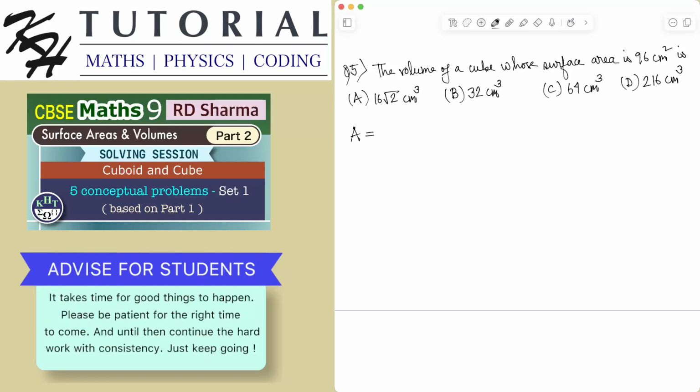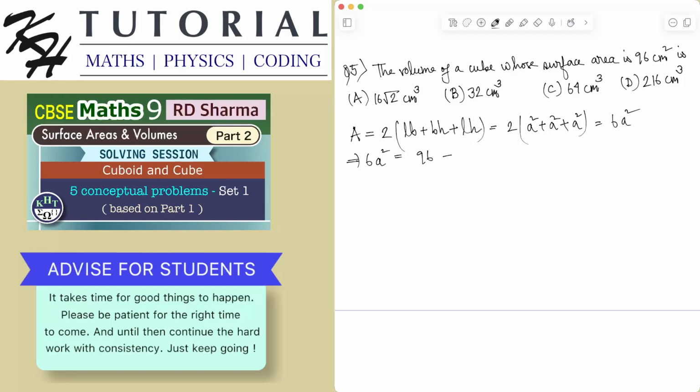Total surface area of a cuboid is 2 into LB plus BH plus LH. Now LBH for a cube are all equal, and we are considering them to be equal to A. So this will be 2 into A square plus A square plus A square. This is 6A square.